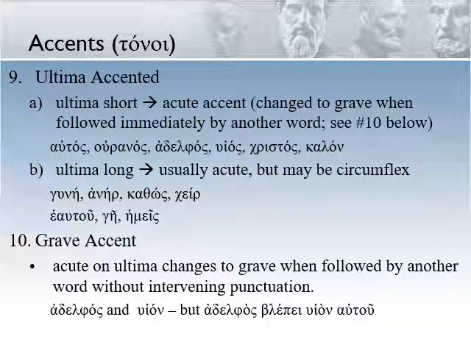In this sentence, both the words adelphos and huion are followed by another word, and so their acute accents changed to a grave. A brother sees his son would be how that would be translated, something like that.